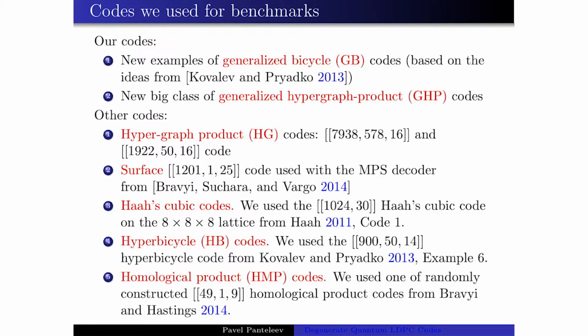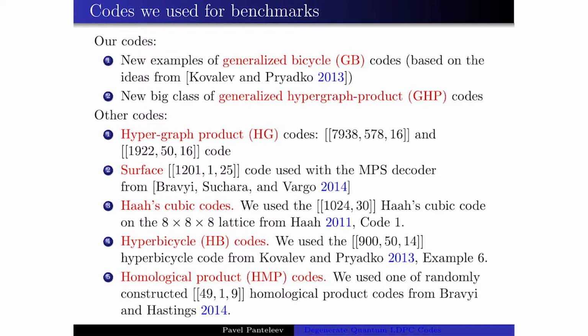The codes that we used in our benchmarks are of 2 types. The first kind is the generalized bicycle code that was introduced by Kovalev and Pryadko. And we also propose a new big class of generalized hypergraph product codes that we introduced in our work.